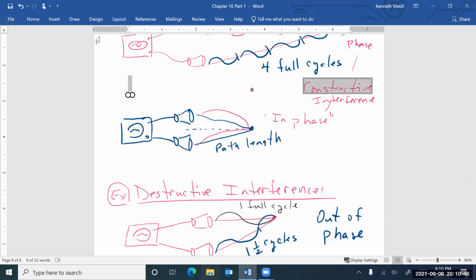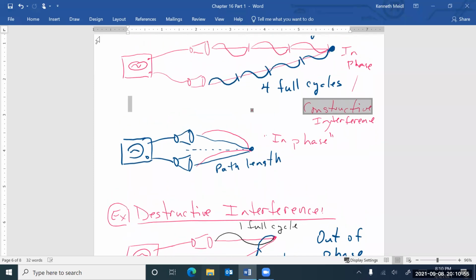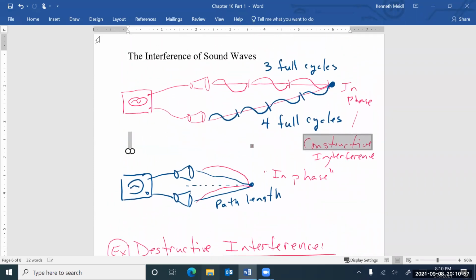If you put your receiver right in the middle, then the path length is the same. Now, in the example above, one path length was 3 full cycles, the other one was 4 full cycles, but the extra path length gave the wave that's traveling further a chance to complete itself in totality.